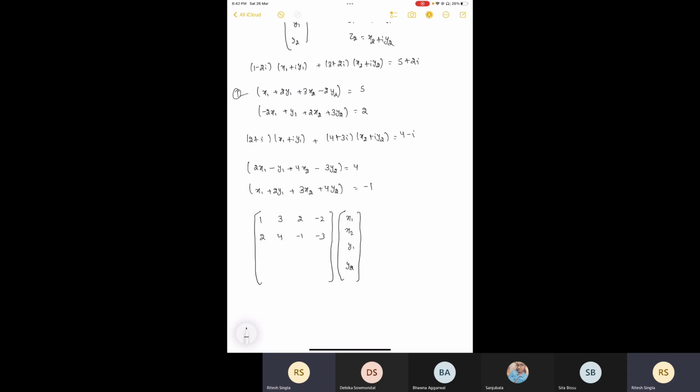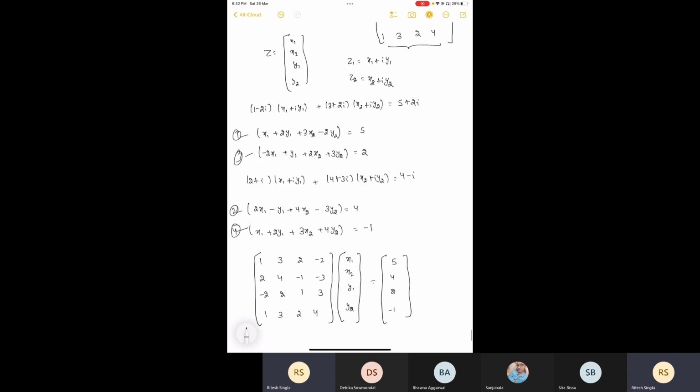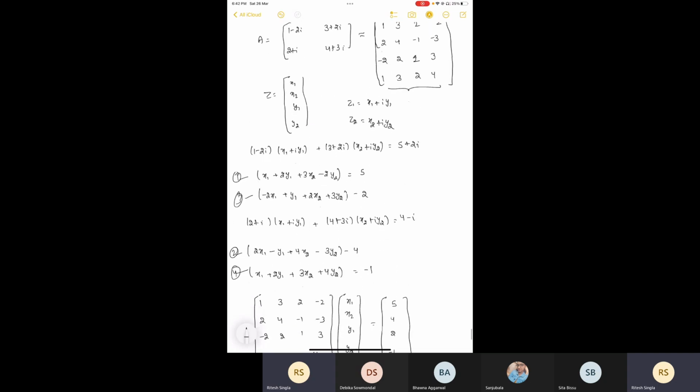It is my first, second, third and fourth. Minus 2, 2, 1, 3. And here it is 1, 3, 2, 4. It will be equal to 5, 4, 2, minus 1. So I think your book is suggesting the same matrix.